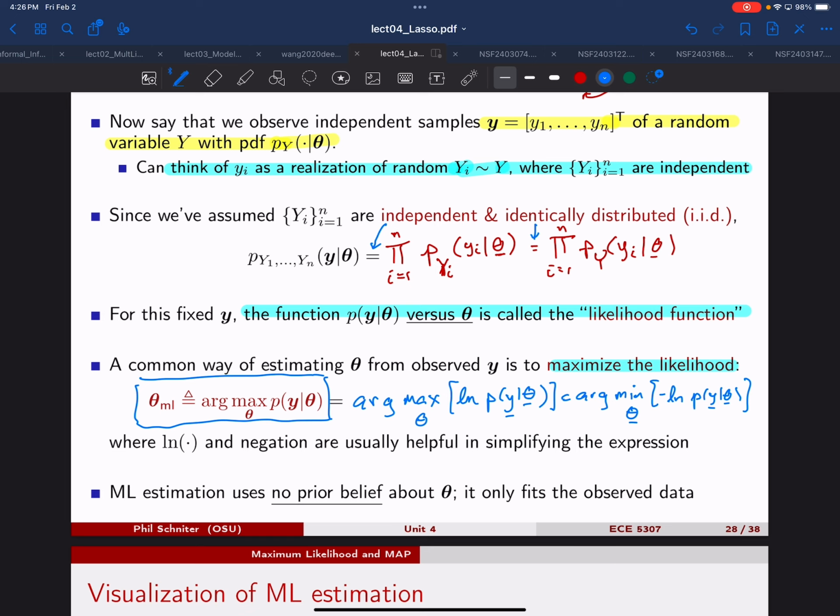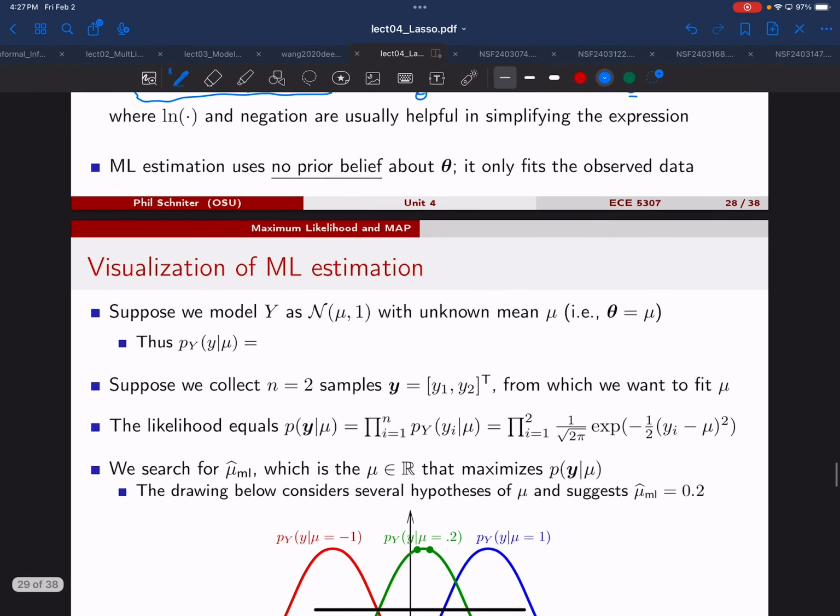In some sense, it's a pure estimate that is not tainted by any prior beliefs. Often in the hard sciences, when you're running some experiment, you don't want to have any prior beliefs on the outcome, because then you bias your result. So in that sense, this is a really nice way to go if you don't want to make any assumptions about theta. You just want to say, theta can be anything, just find the theta that matches my observations best. Okay, so it's a super powerful approach.